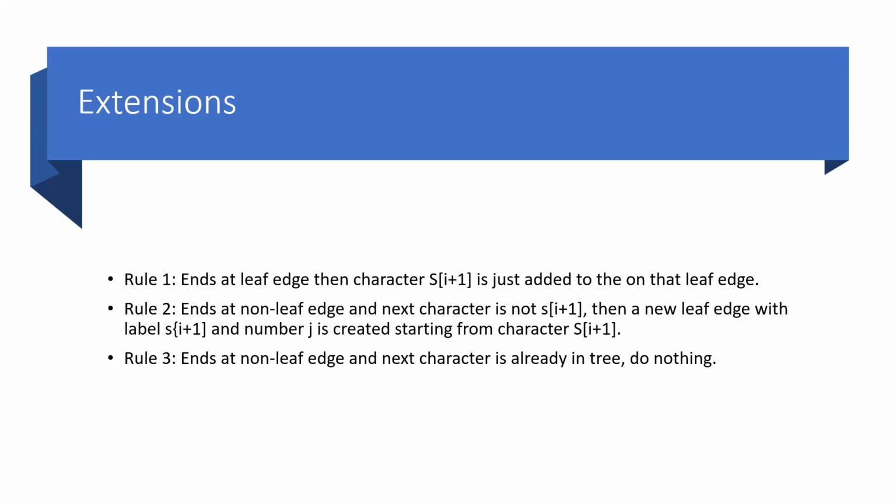And then rule 2, if the path from the root labeled J to I ends at a non-leaf edge, that means there's more characters after the string at I on the path, and the next character is not S of I plus 1, then a new leaf edge with label S of I plus 1 and number J is created starting from character S of I plus 1.